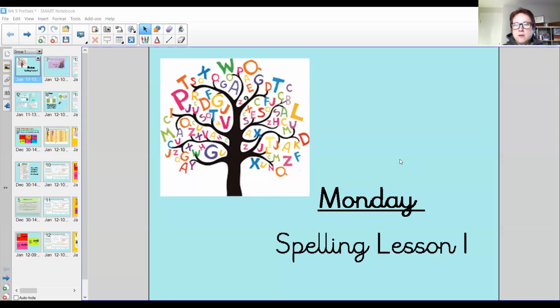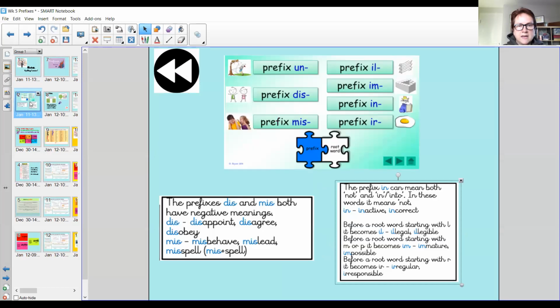So, we always start with our Monday lesson, rewinding back to what we did last week. We looked at prefixes last week. We looked at the prefixes un, dis, and mis, and also all.